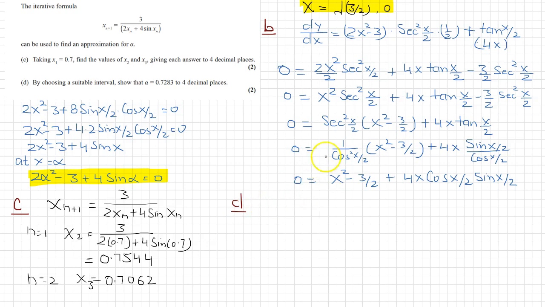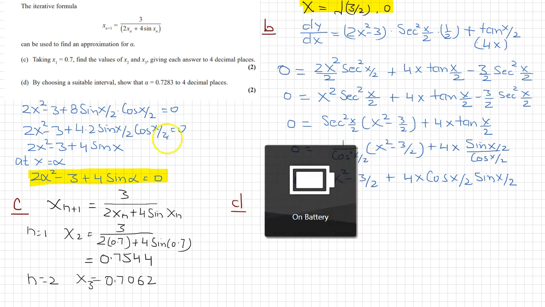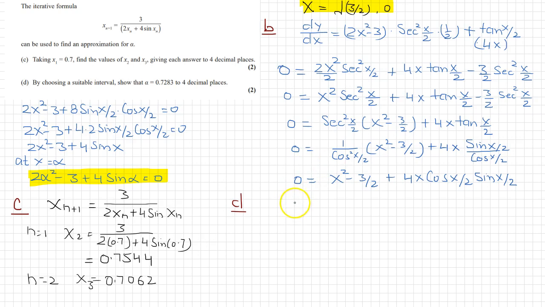So let's put alpha equal to 0.7283, and let's make the interval 0.72825 and 0.72835. So these are the intervals.